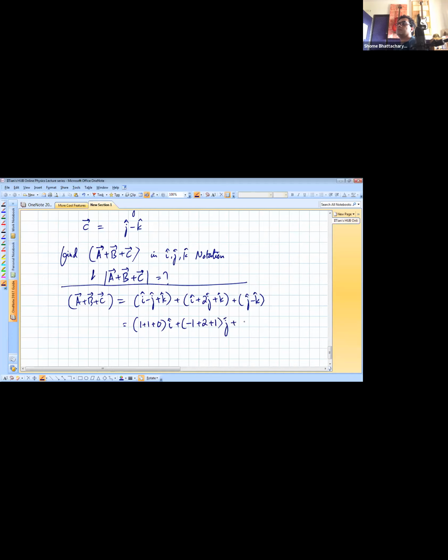And with K cap, the sum of the components are 1 plus 1 minus 1. So finally, you can see that this is working out to be 2I cap plus 2J cap plus K cap. This is my vector A plus B plus C.